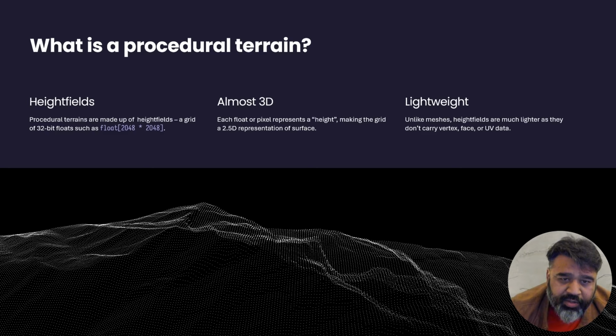Each float, by its XY position within the grid, represents where it is, but the value of the float sets its height, which you can see in this example where you have all these dots represented by their height coming up. Unlike a mesh, they're quite lightweight since they don't carry vertex, face, or UV data, in case you're familiar with those.